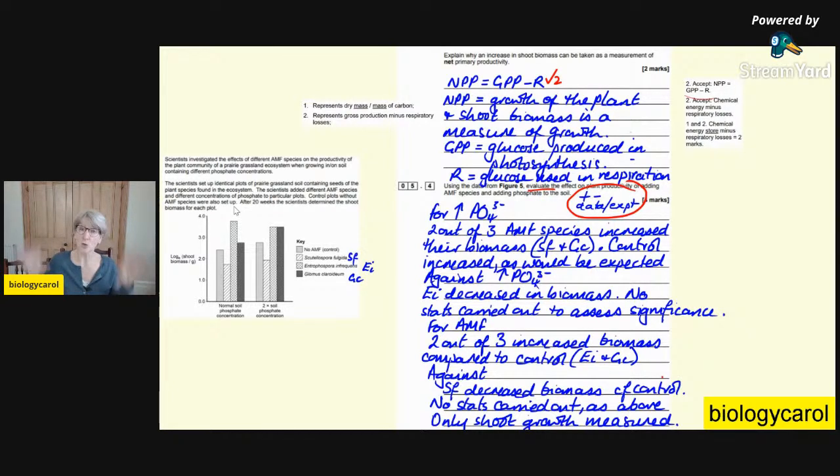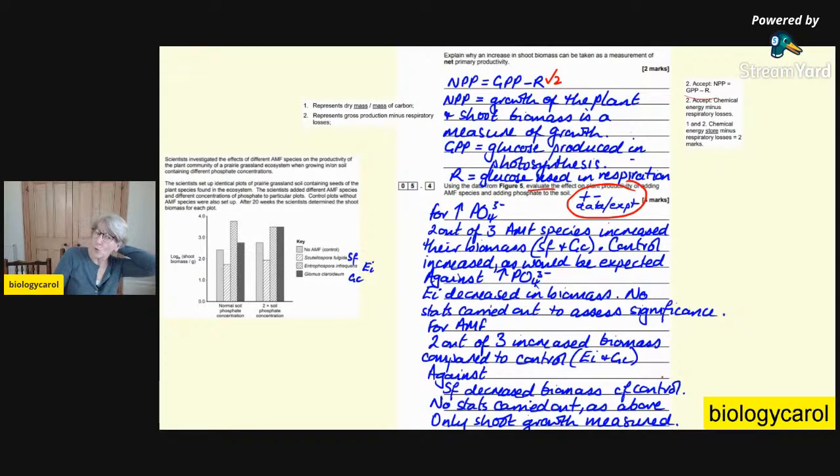And in each plot, they sowed seeds, some with no fungi, some with, and then one with each plot of the different fungi, the 3 different fungi. Hopefully that's kind of clear.